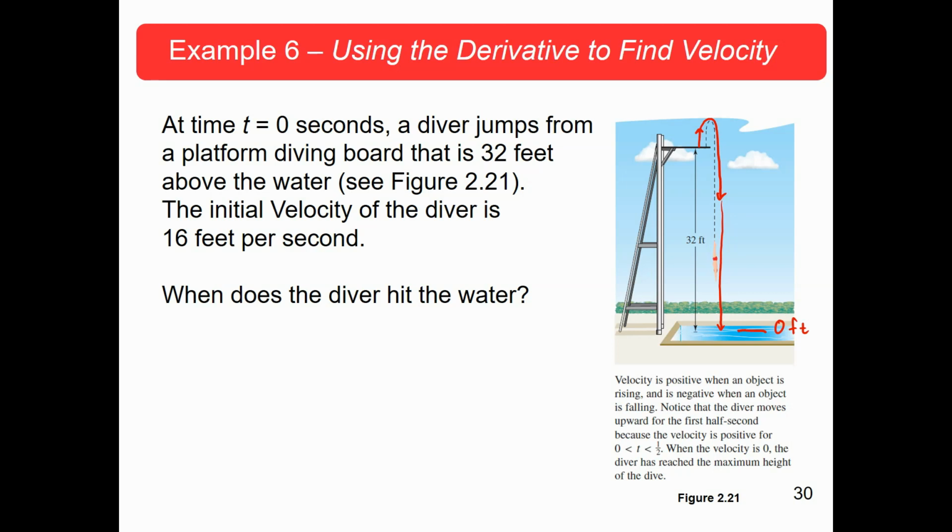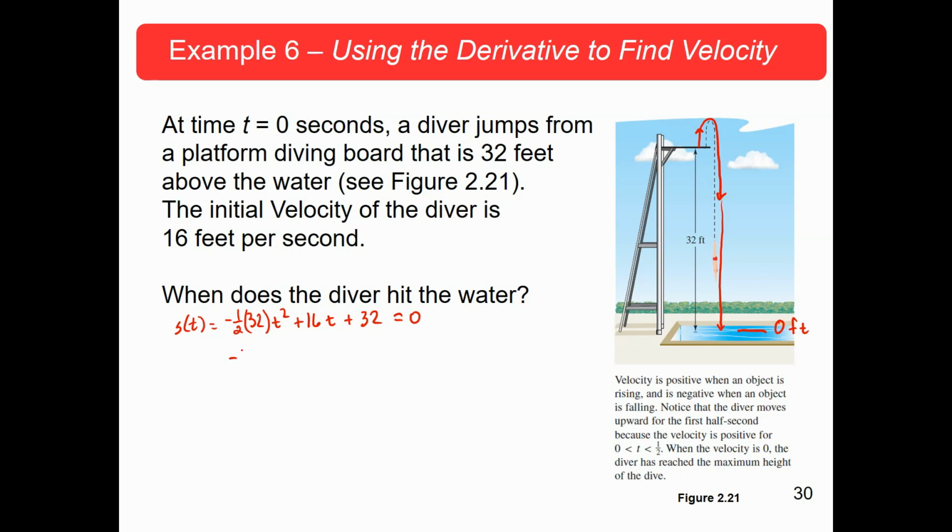So we're looking at our function, s of t equals -1/2, and since we're in feet, times 32 feet per second squared, t squared, and then plus 16 feet per second times t, and then plus the initial position, which was 32. So we're asking, when does that equal 0?